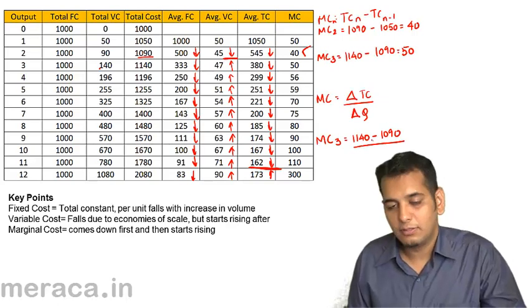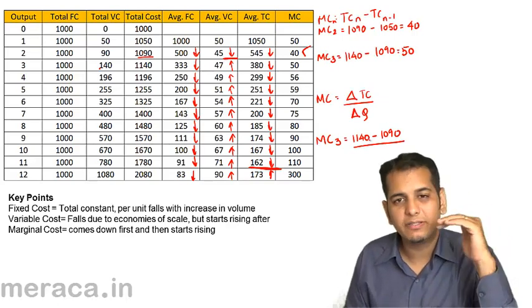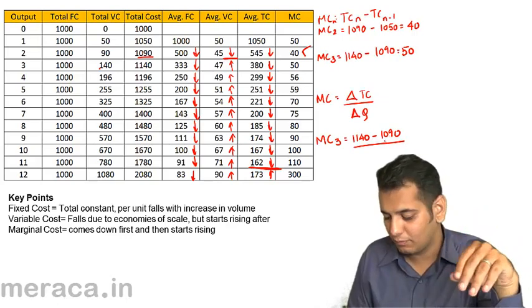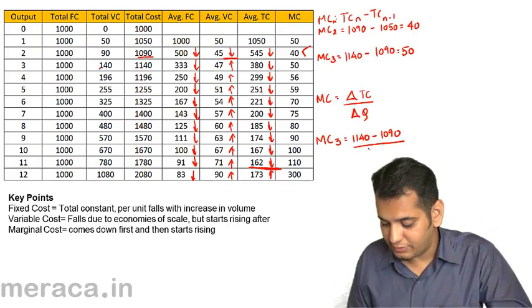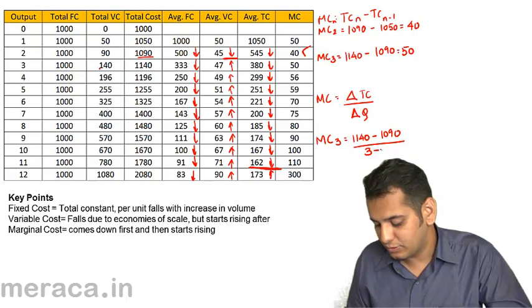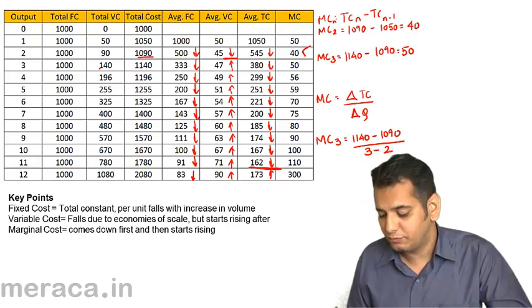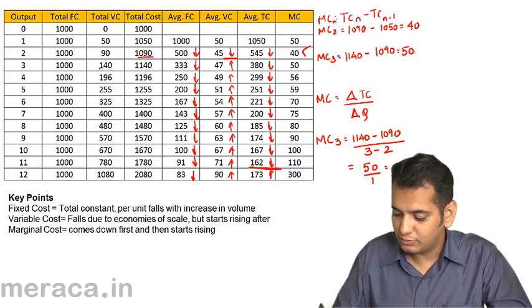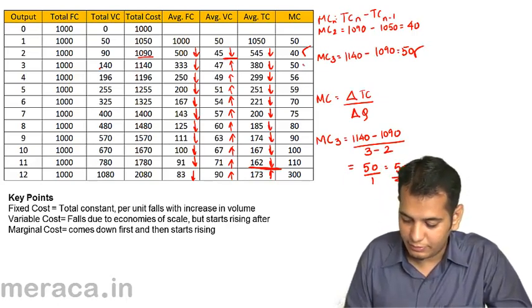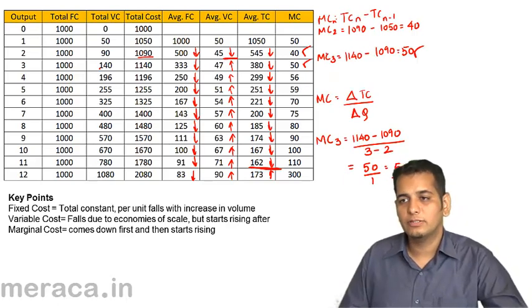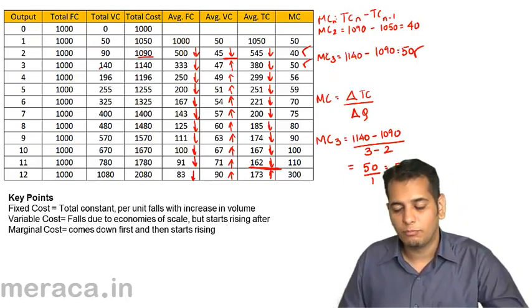I can find out by seeing the difference between the total cost at the third unit and total cost at the second unit. And then I have to see the change in number of units. At the third unit, 3 units are manufactured. Before it, only 2 units were manufactured. So the answer would be 50 divided by 1 equals 50. And this is what we calculated. So marginal cost can be found out with both the formulas.